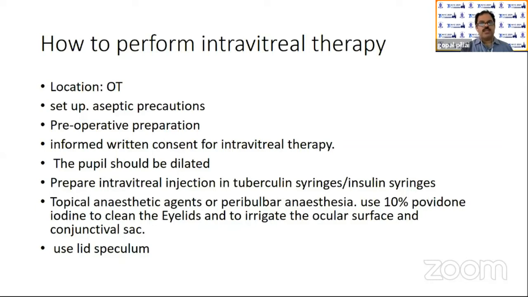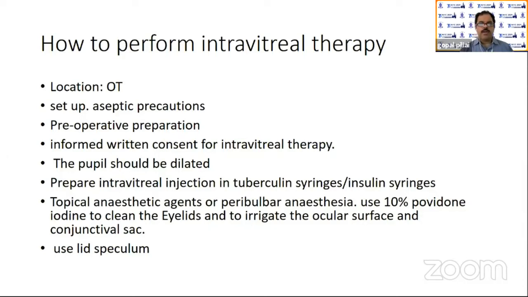If you have such a room elsewhere with equal sterility, that is also all right. But you have to make sure that you perform all the aseptic and preoperative precautions, just like the precautions for a cataract surgery, the same precautions we have to do for intravitreal injections as well.